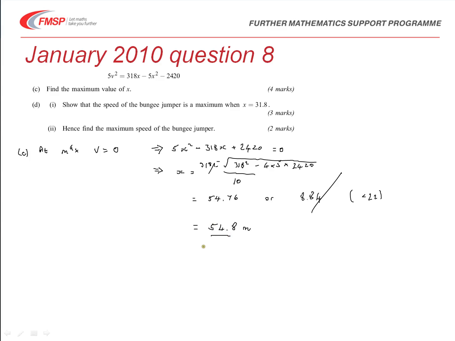Four marks for that part. So again, stating that v has to equal 0 would give you a method mark there.